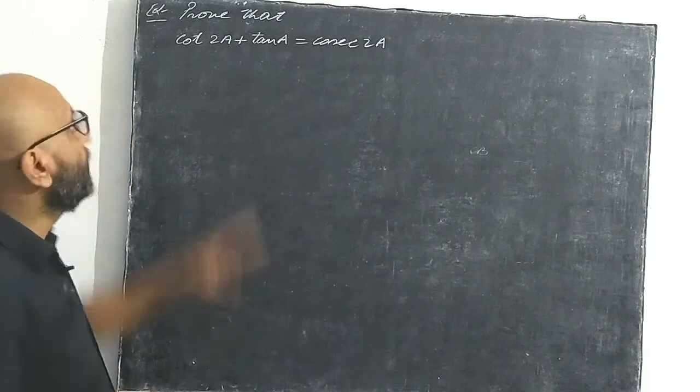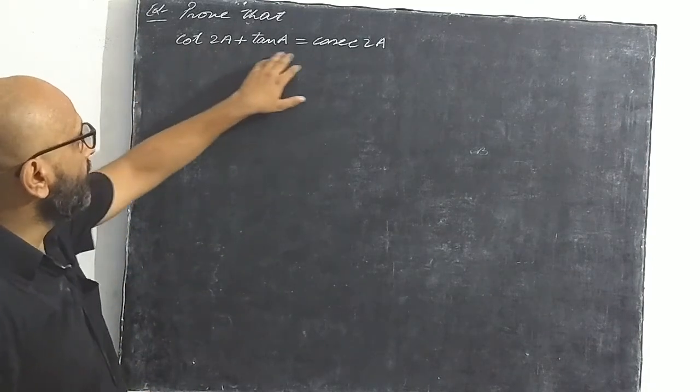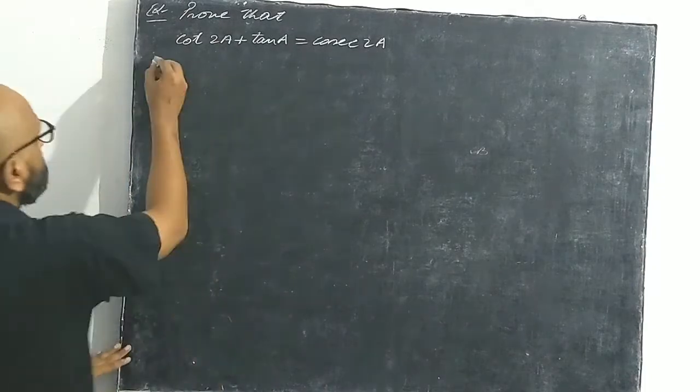We have taken the next example as prove that cot 2A plus tan A is equal to cosec 2A. So let's start.